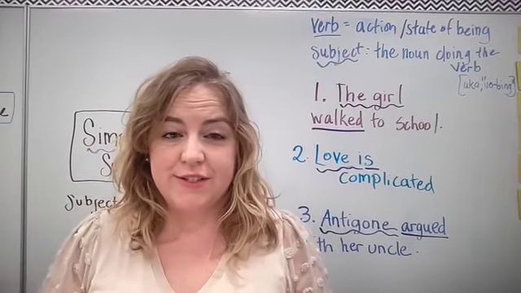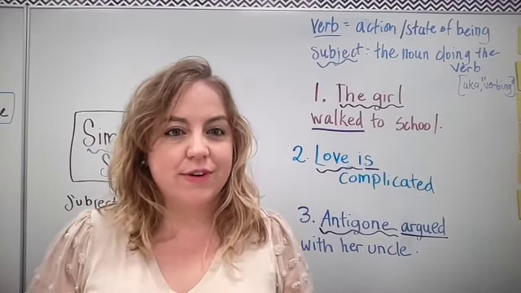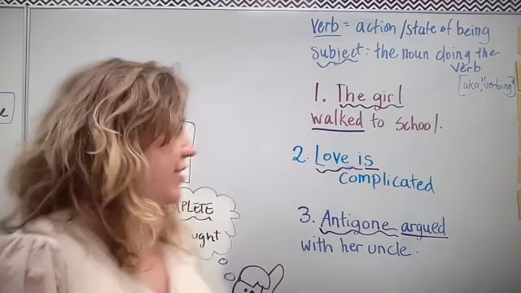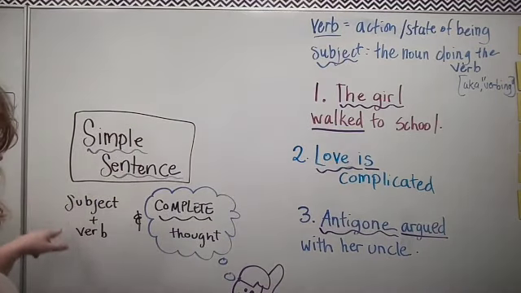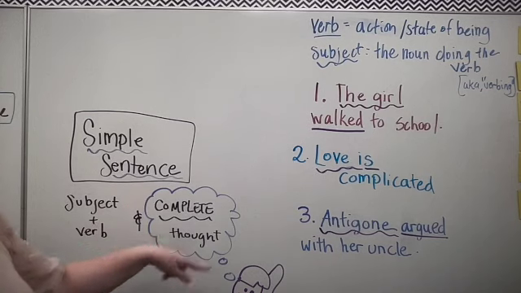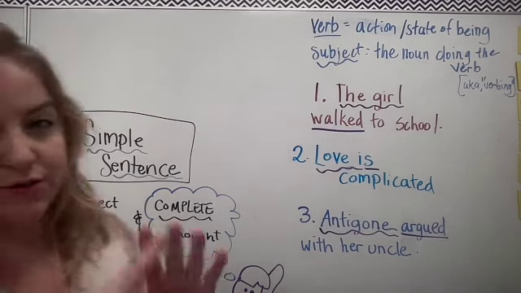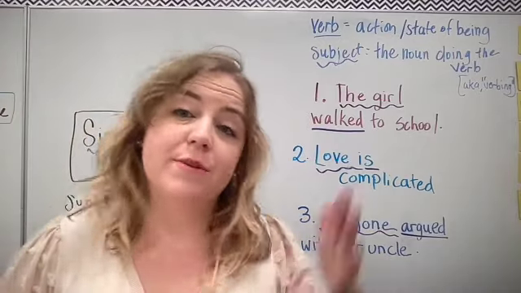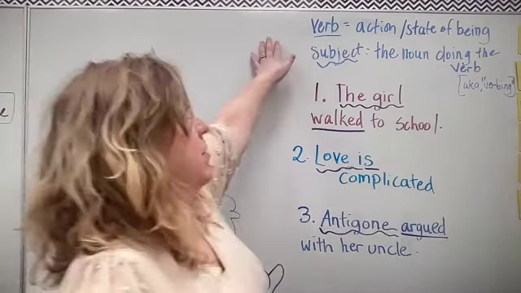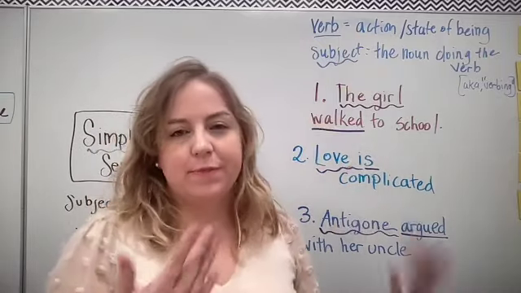Let's use a few examples to really understand what a simple sentence is. As I said before, a simple sentence is a subject and a verb, and it expresses a complete thought. Those are the two components it needs to have. So let's remind ourselves what those things are. A verb is an action or a state of being.